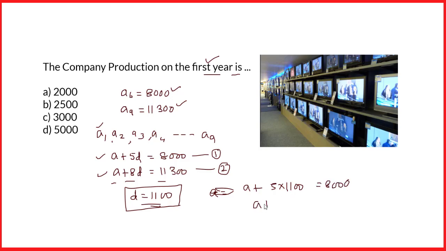Take 5,500 to the other side, so you get 8,000 minus 5,500. If you subtract this, you get 2,500, and therefore the first term is 2,500. So in the first year the company's production is 2,500 TV sets. Now friends, move to the second question.